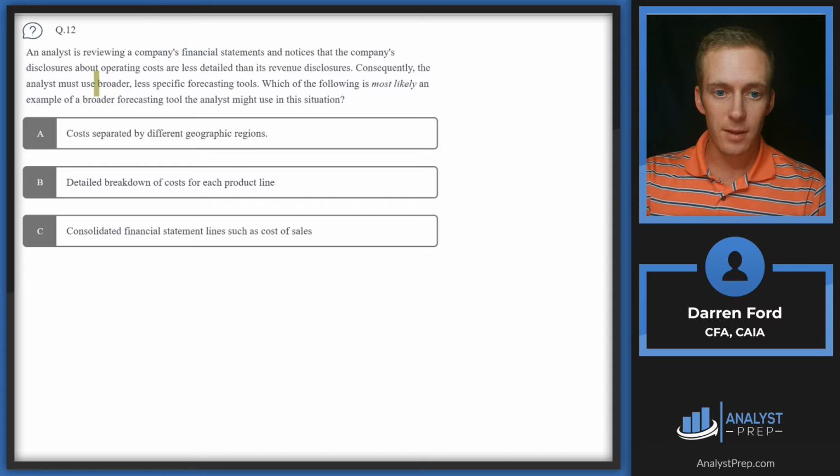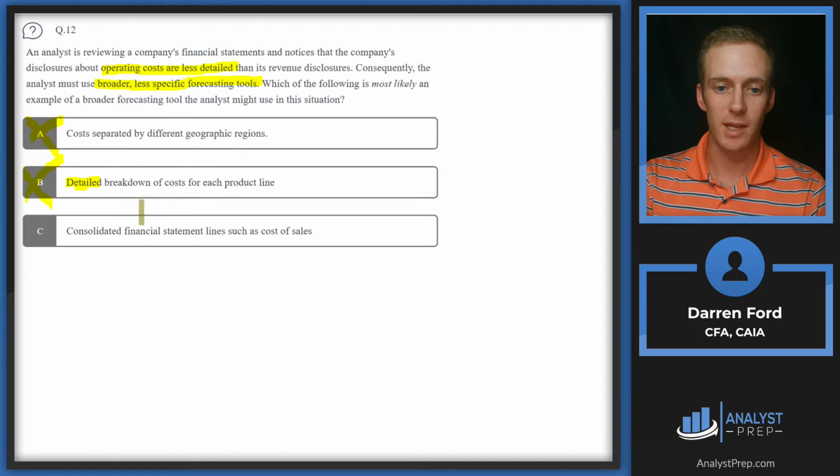So the key things we're looking at here are the broader, less specific forecasting tools. The operating costs are less detailed. So which of these is going to be the least detailed? Costs being separated out by different geographic regions, that sounds like a pretty high level of detail. And this specifically says detailed breakdown of costs for each product line.